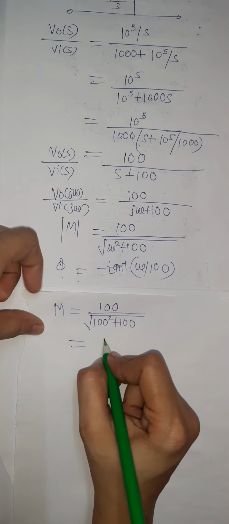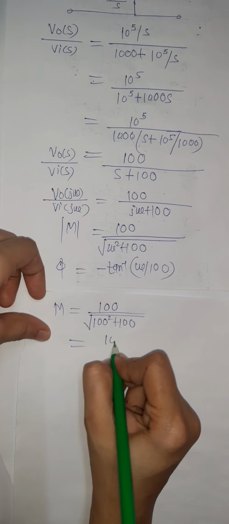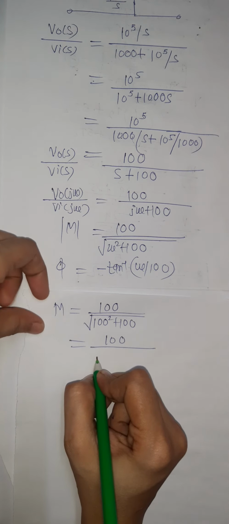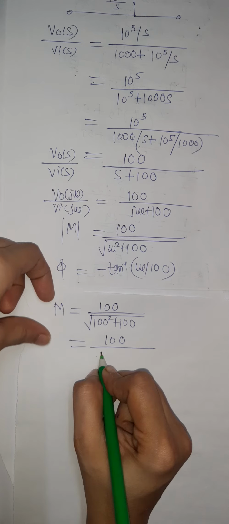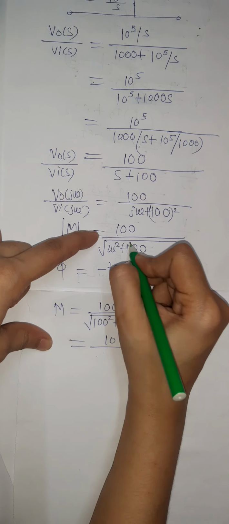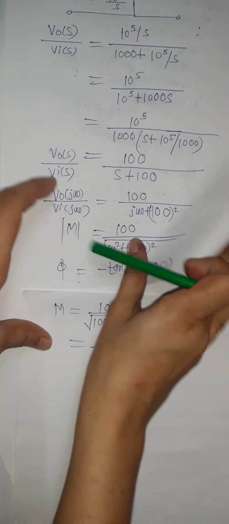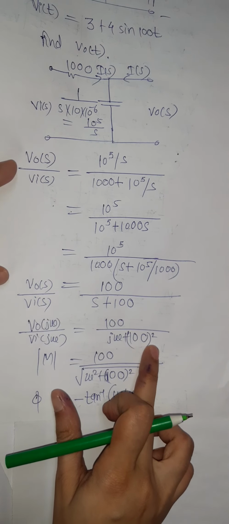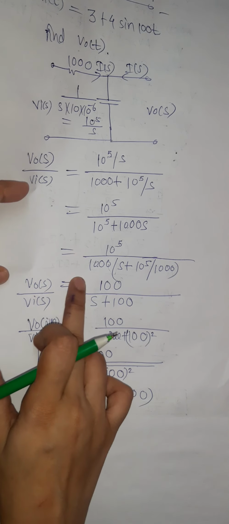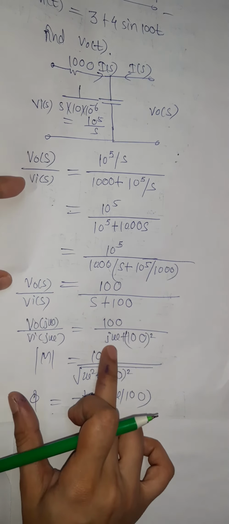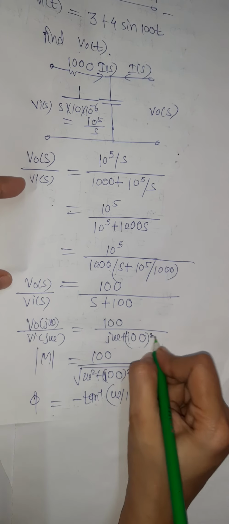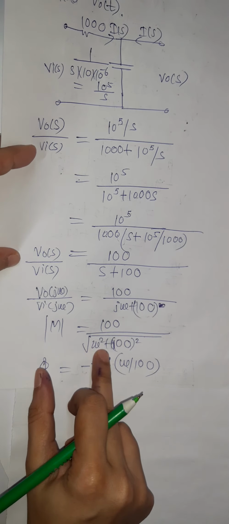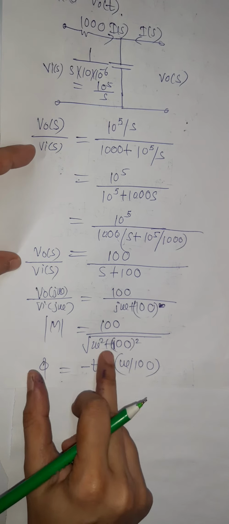We will get m equal to 100 divided by, this will be 100 square, I forgot. Here we will find the magnitude. So it will be j omega plus 100, and while finding the magnitude it will be omega square plus 100 square.